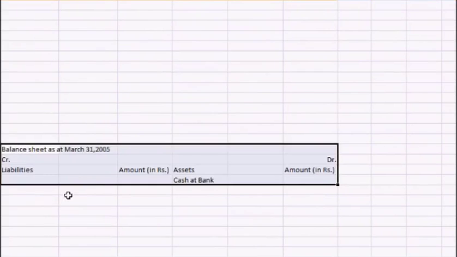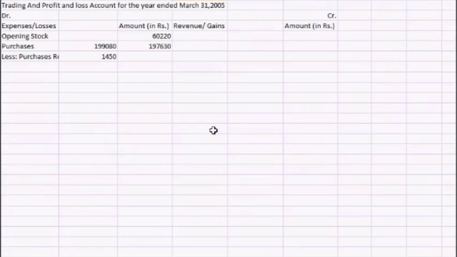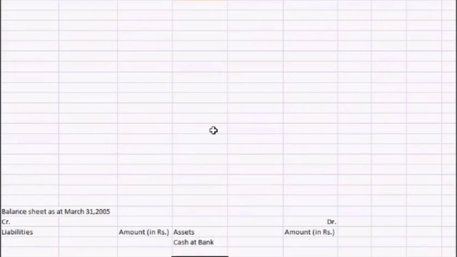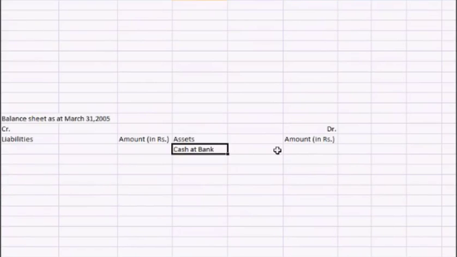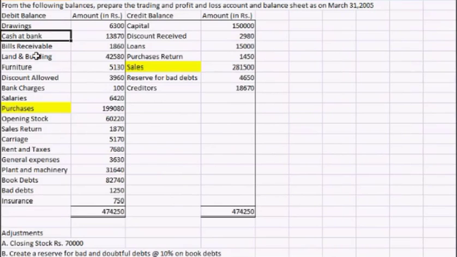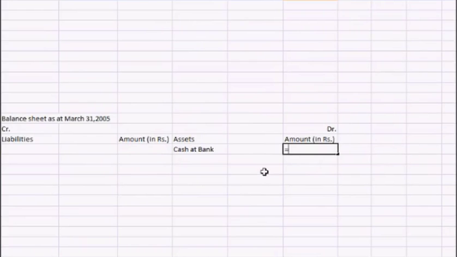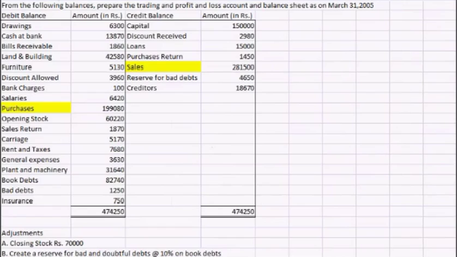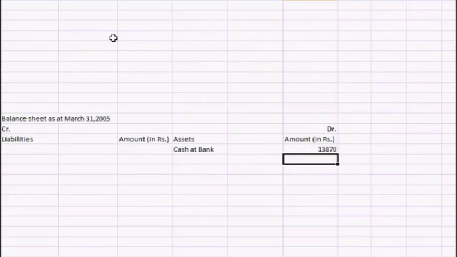Okay. So we start with cash at bank. The amount we have here is, I'm just selecting the amount from the trial balance so we can minimize the chance of error.